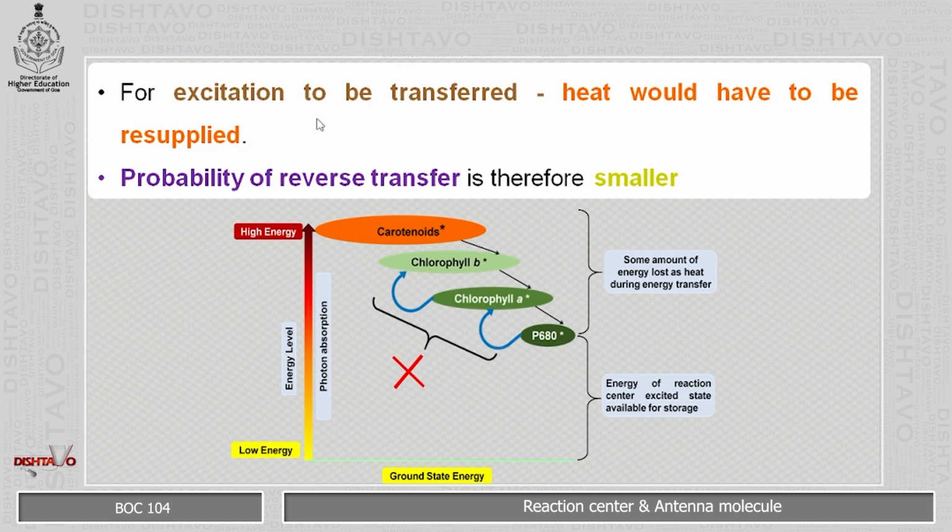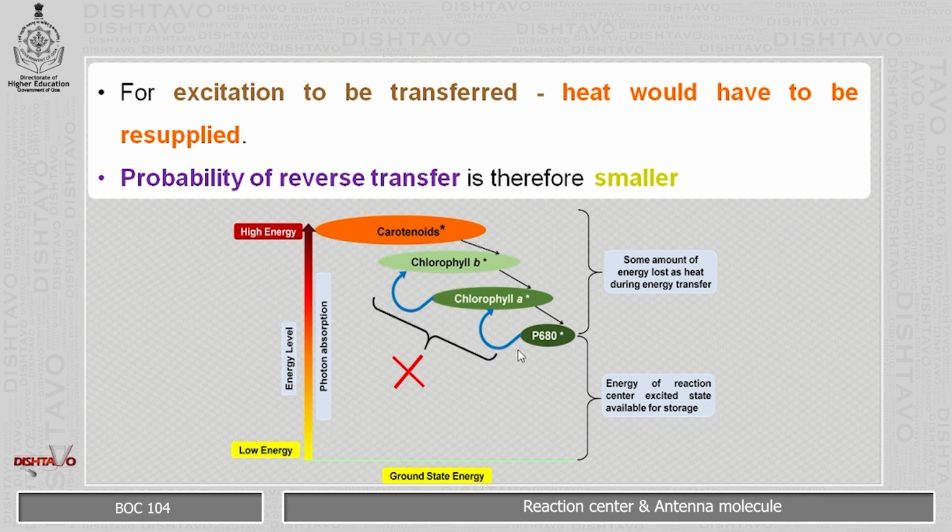For excitation to be transferred back, heat would have to be resupplied, and therefore the probability of reverse transfer is smaller. We can see here why the energy is transferred in a downward direction. It doesn't happen in a backward direction, because if the energy is lost as heat and we want to convey the energy back to chlorophyll A and chlorophyll B, heat has to be supplied externally, and the plant cannot afford that because it is a wasteful process.